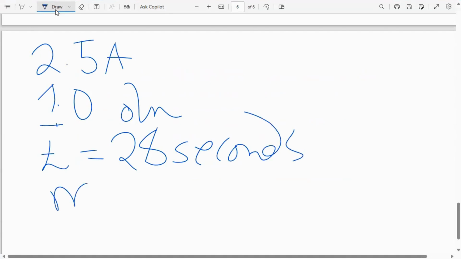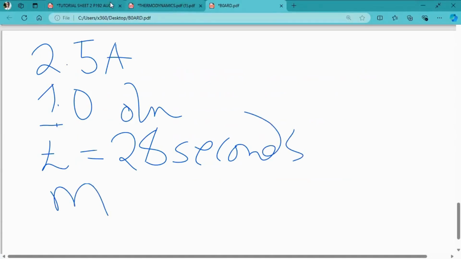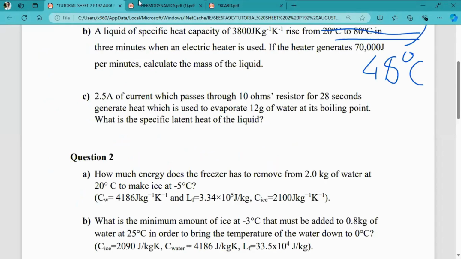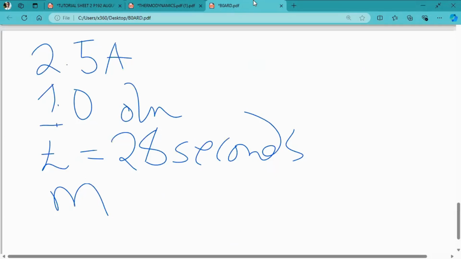Then there's the mass of the liquid, which we've been given to be 12 grams. So from here, what are we supposed to do?